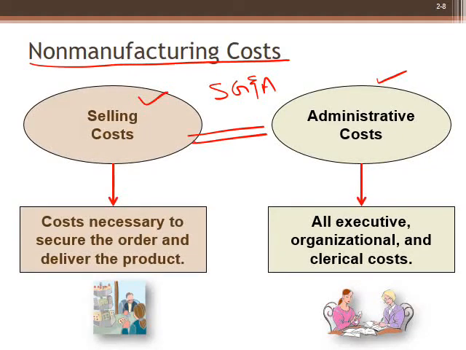These costs are incurred in both manufacturing and merchandising companies as well.